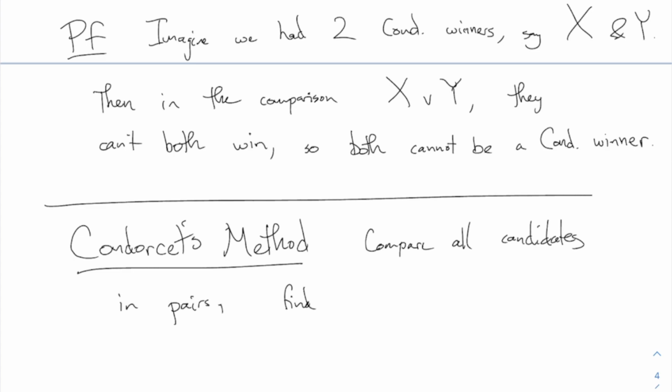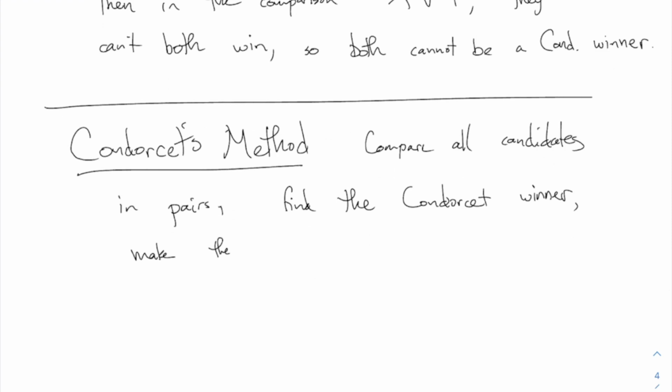You find the Condorcet winner, the one who would have won against all of the other ones in all of the one-on-one matchups, and you make them the winner of the election.